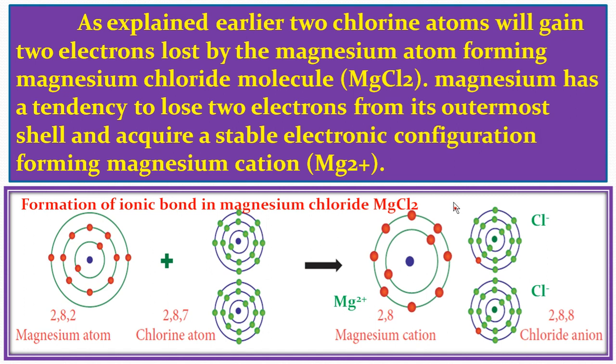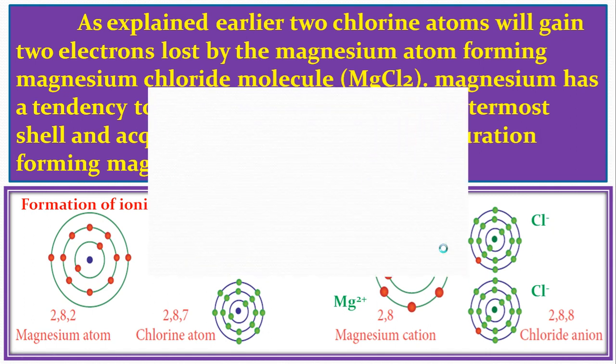All these 3 atoms attain a stable octet electronic configuration, and the bond formed is an ionic bond.